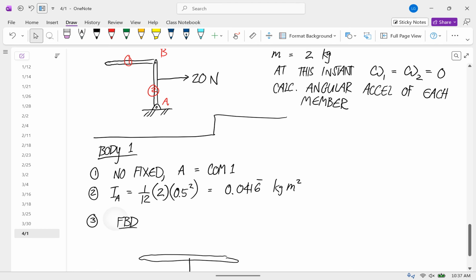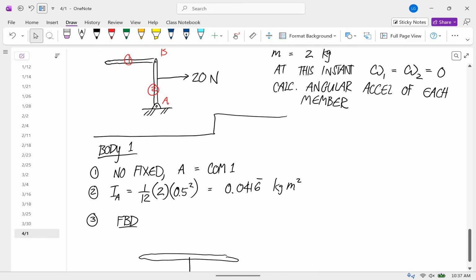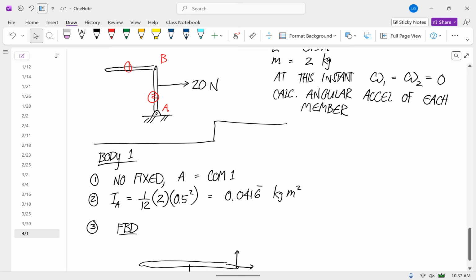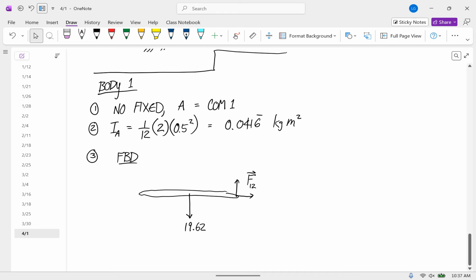And then there's a pin joint at B, and a pin joint always applies an unknown force vector. So I'm going to put that in like that. And then I'm going to use the double subscript notation and name this. So this is the force on 1 by 2. So I'm going to write this as F1,2. Okay, any questions about that?